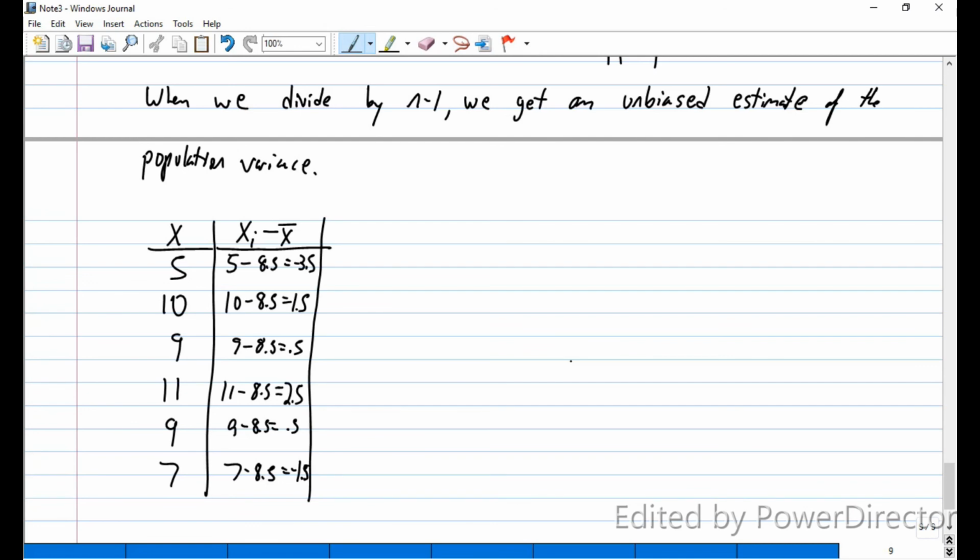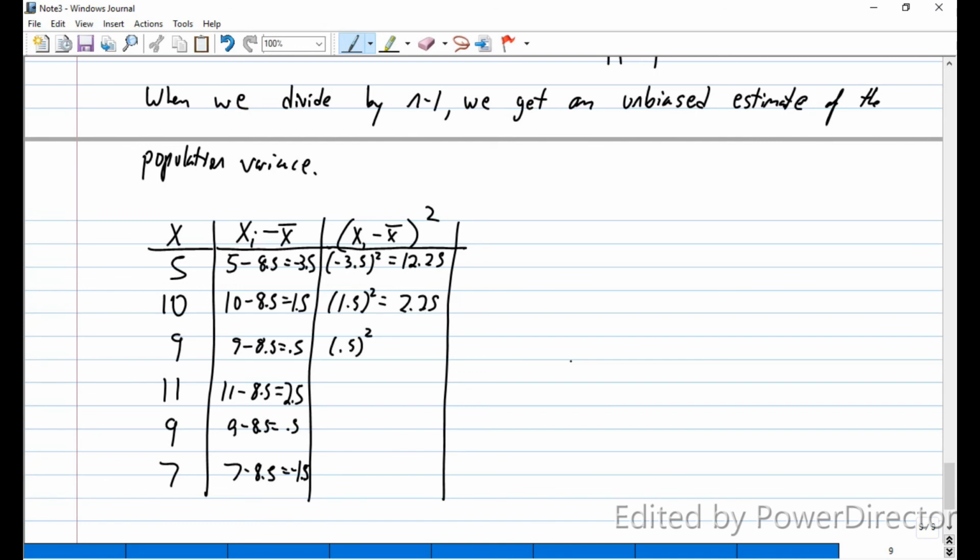What we haven't done is we haven't taken the difference here and squared it. So if we take each deviation and square it, what would we get? So we want to say negative 3.5 squared. When we do that in the calculator, we get 12.25. Then 1.5 squared gives us 2.25. Then 0.5 squared gives us 0.25.